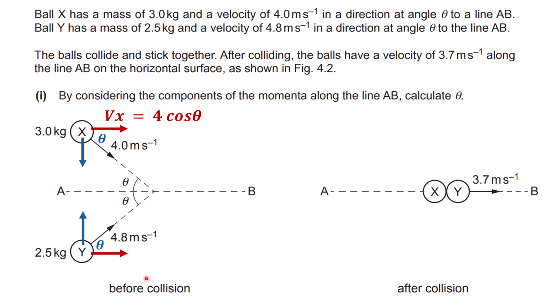And the component of the velocity of ball Y is 4.8 cosine of theta. Now we have here an expression for the momentum after collision. Momentum's original formula is mass times velocity. The masses combined, 3 plus 2.5, which is the mass of X and the mass of Y, times the speed they are moving.